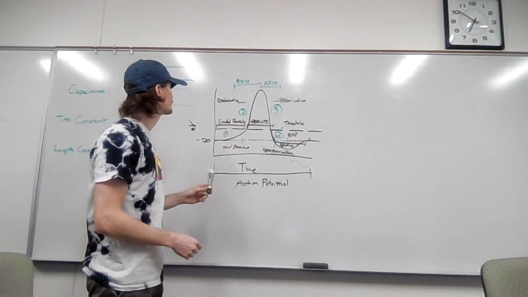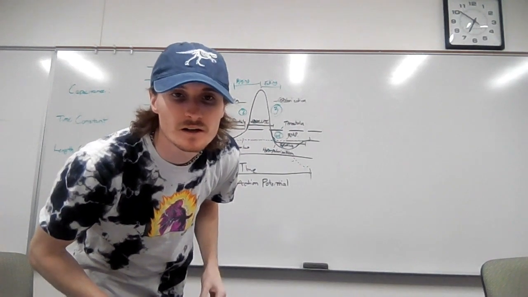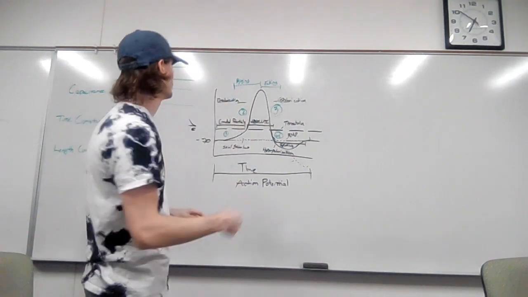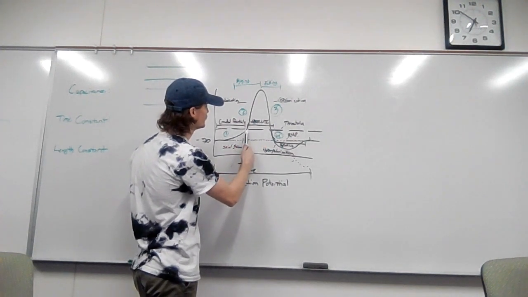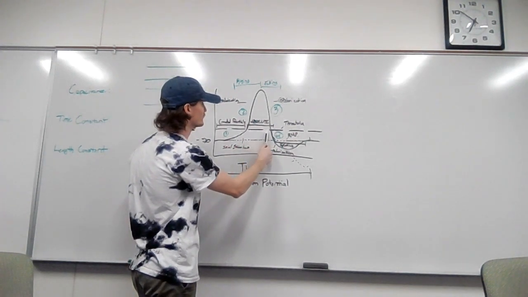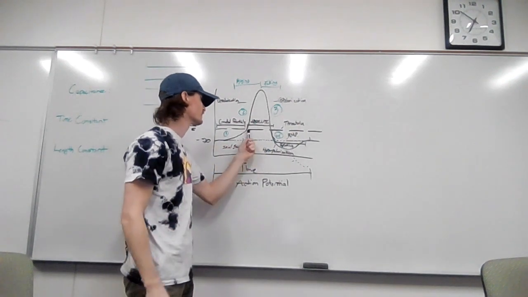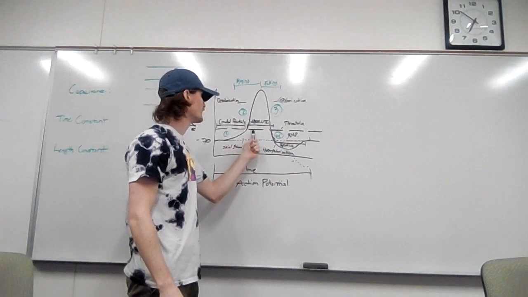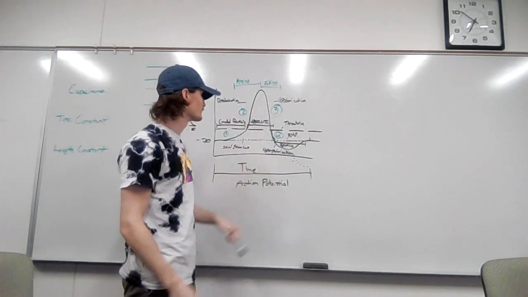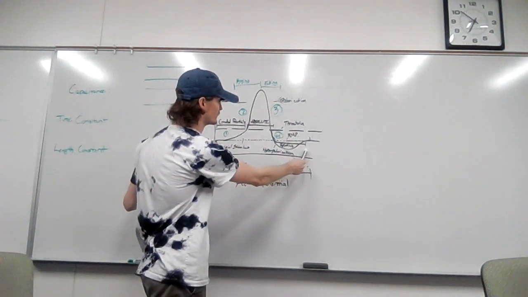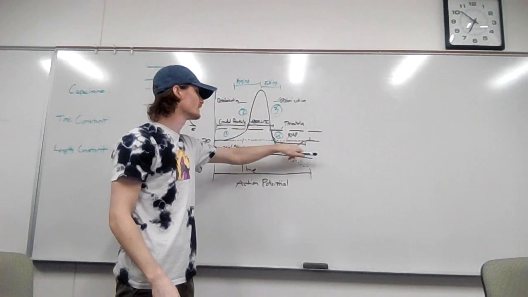I think I'm missing some, I think the periods are part of there. Are they? Yeah, relative and absolute. So once we cross threshold, we are in the absolute refractory period, where we cannot have an action potential again because we're technically in the middle of one. Once we cross back down under threshold, we're in a relative refractory period, where we can achieve an action potential in this time.